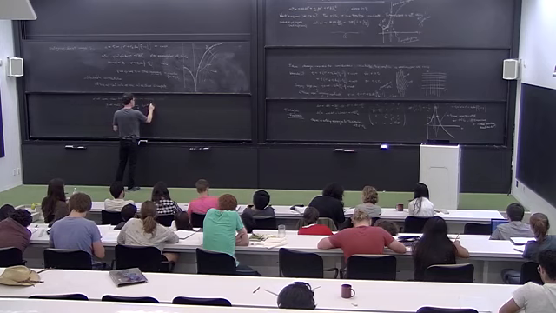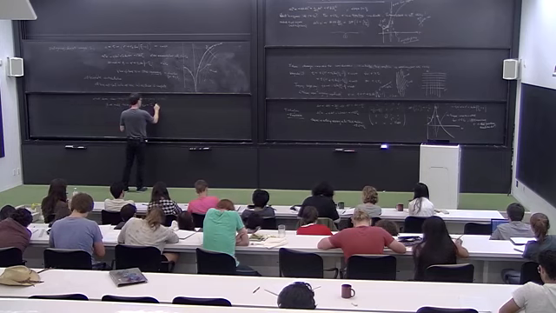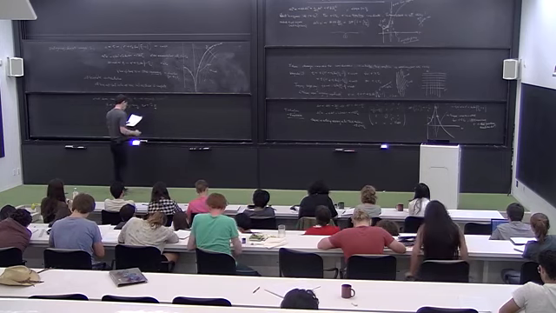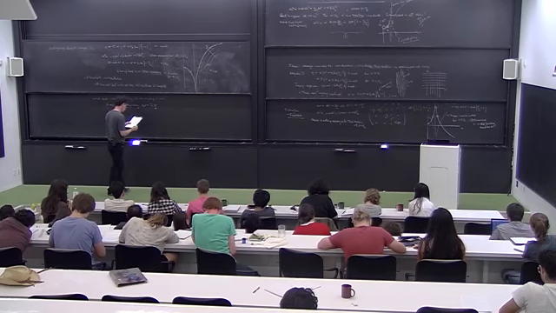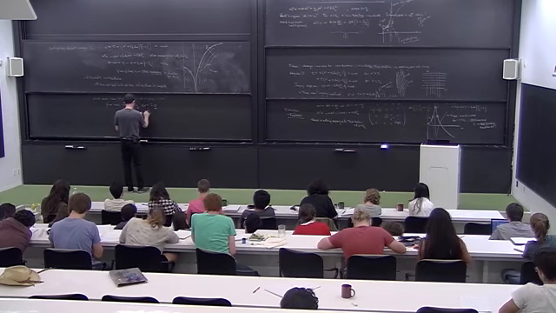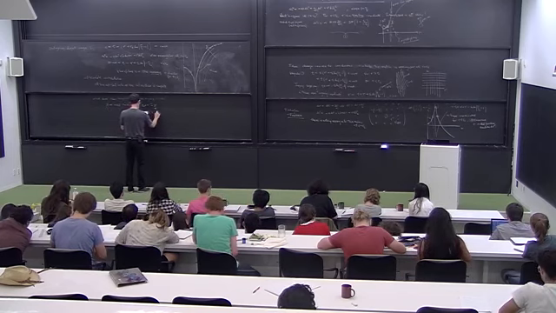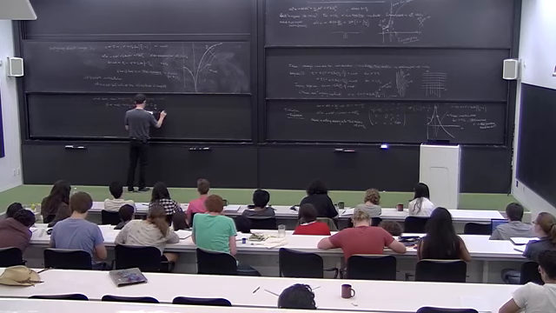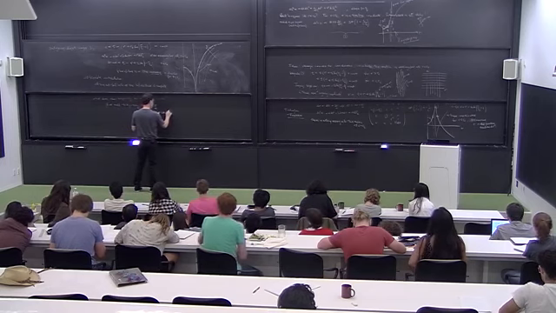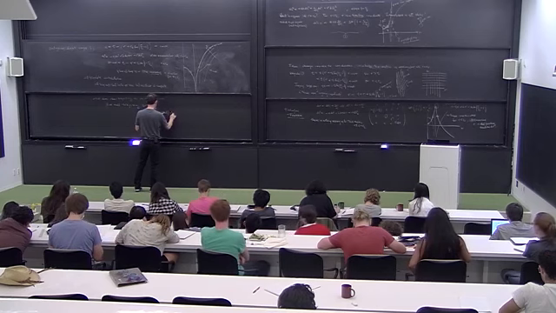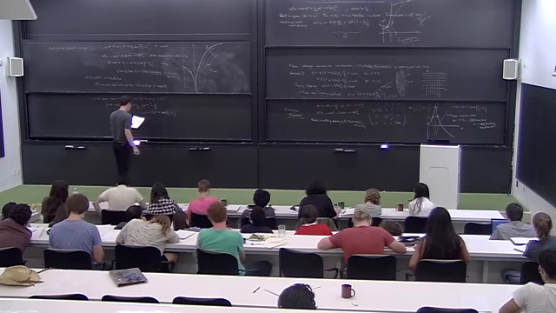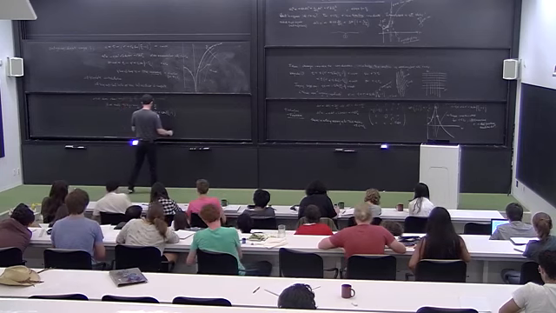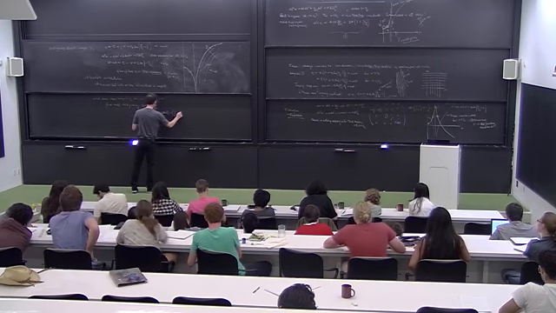We can integrate that to get v is 2 times r plus r_s log mod r over r_s minus 1, plus constant.